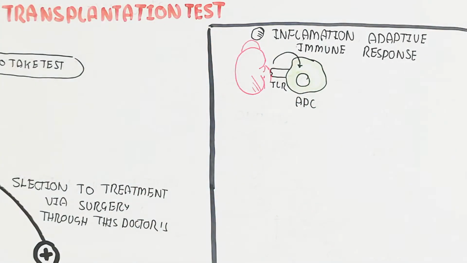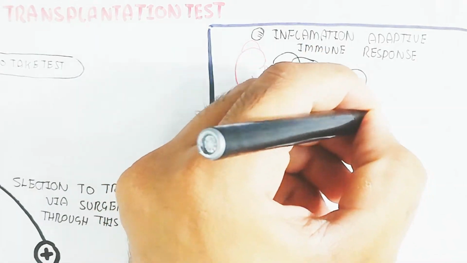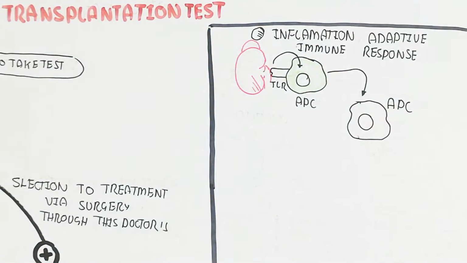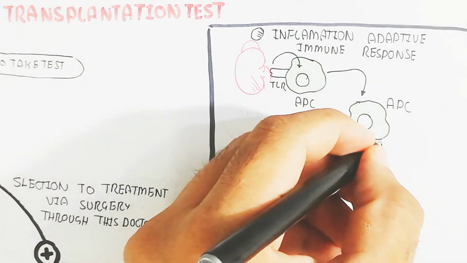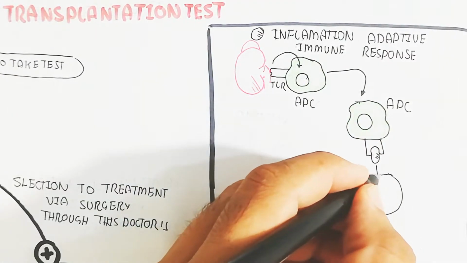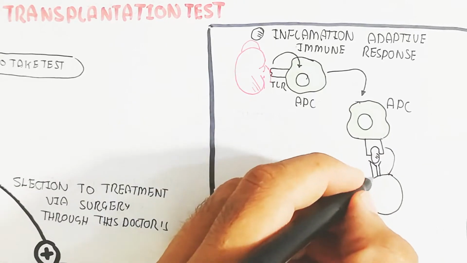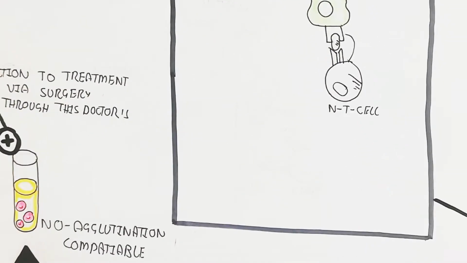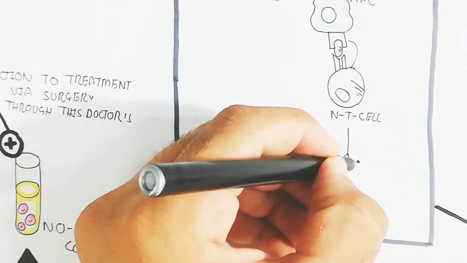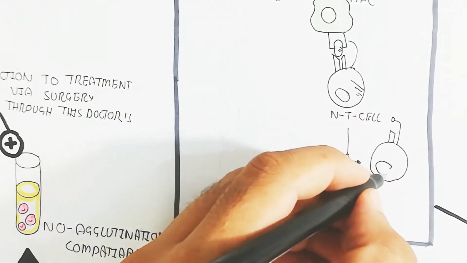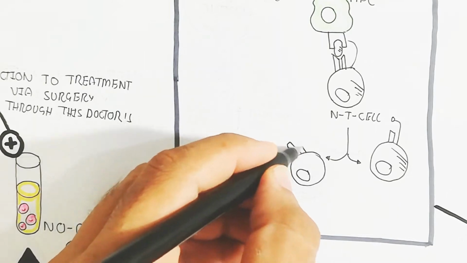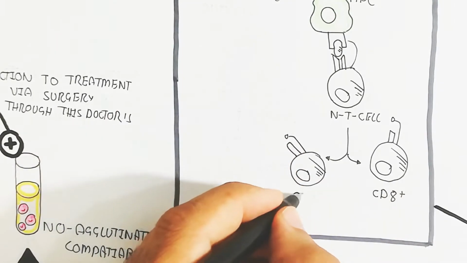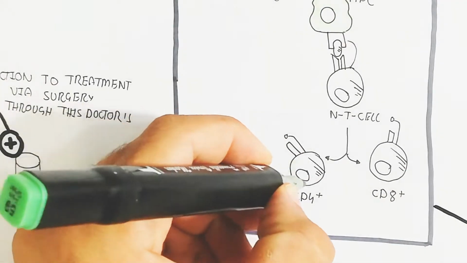For example, this kidney is the antigen. The antigen is recognized by the antigen presenting cell and endocytosed through toll-like receptors. After this entry the antigen presenting cell goes into the lymphatic system, the lymph node, and shows the antigen to the naive T cell through MHC class 1 molecule to proliferate the naive T cell into the CD8 and the T helper CD4 cell.